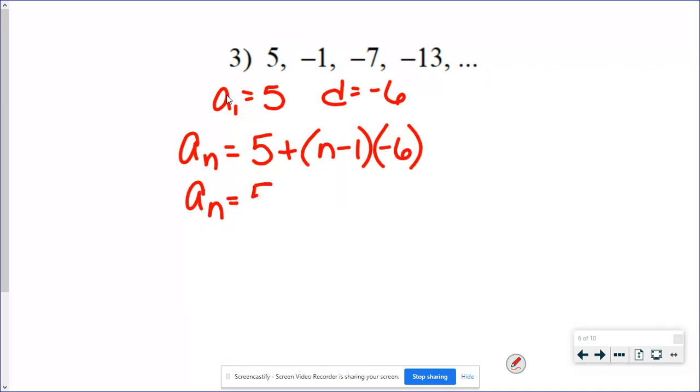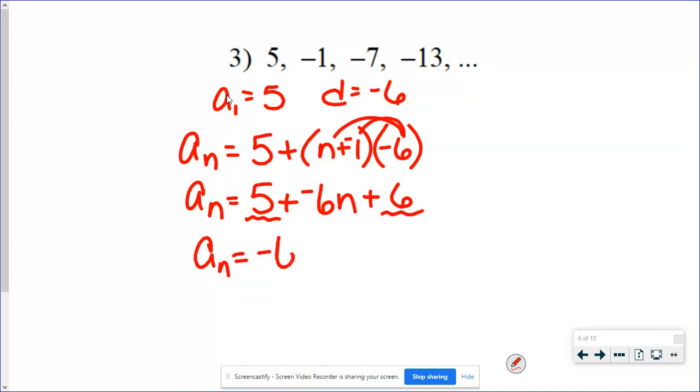So let's clean this up. Negative 6n, and that's really a negative 1 that's going to multiply with the negative 6 and get a positive 6. These two combine to make 11. So the 20th term would be negative 6 times 20, which is going to be a negative 120, plus 11.